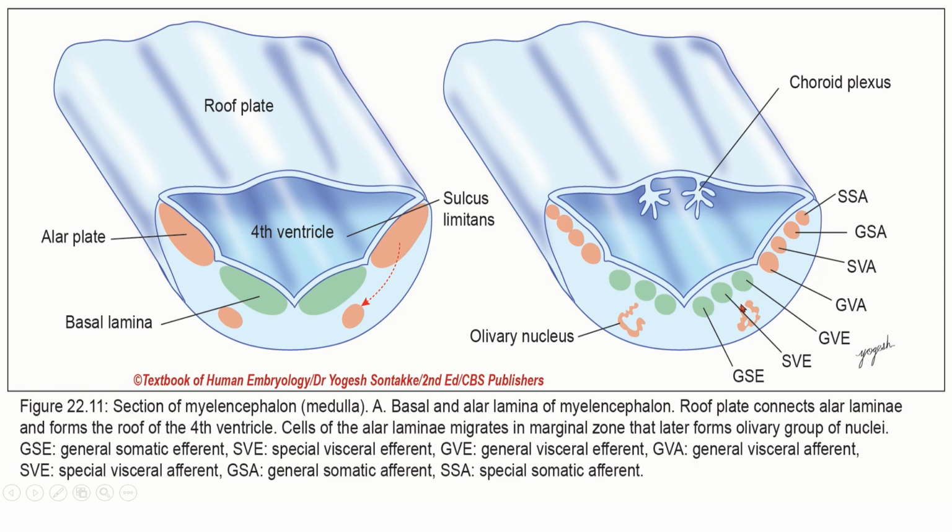From medial to lateral: general somatic efferent, special visceral efferent, general visceral efferent. General somatic efferent is motor to the skeletal muscles which are not developing from pharyngeal arches.